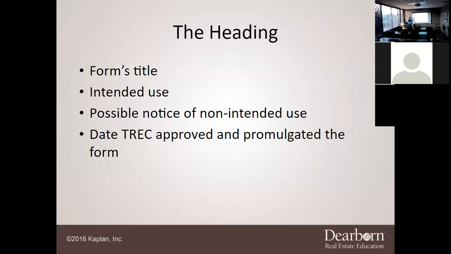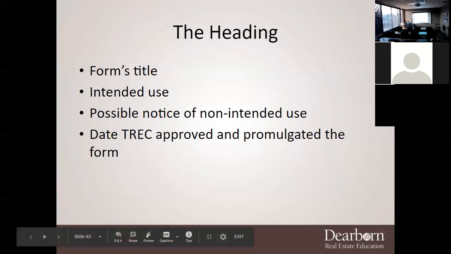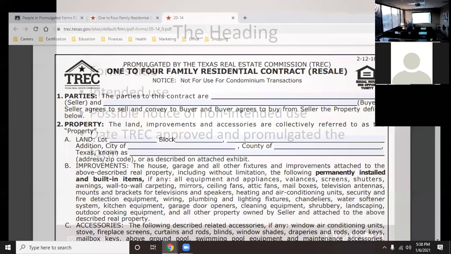Now, the most important thing when dealing with any form, and I'm going to put the form back up here, is this part up here at the very top.